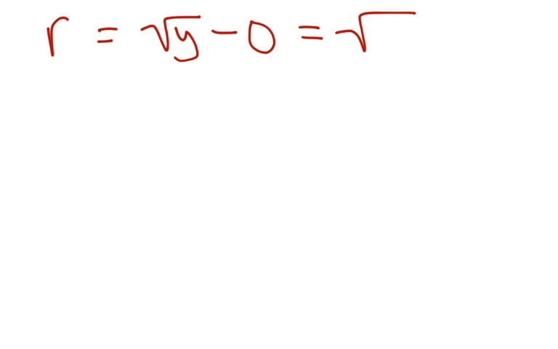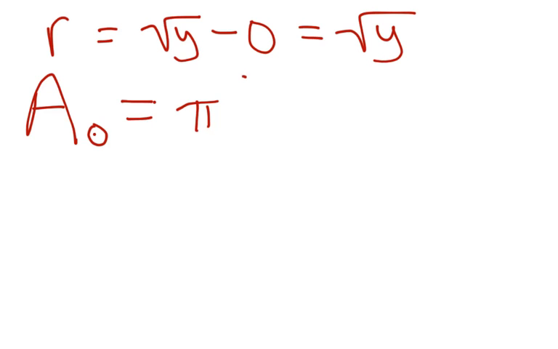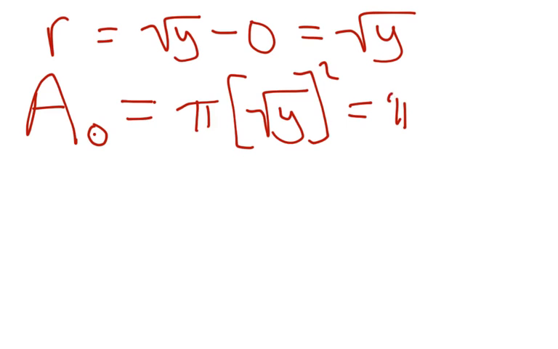And so the radius that we're dealing with here is going to be the square root of y minus 0, or just the square root of y. And so the area of our cross section, which is a circle, is just going to be pi times the square root of y squared, or just pi times y.